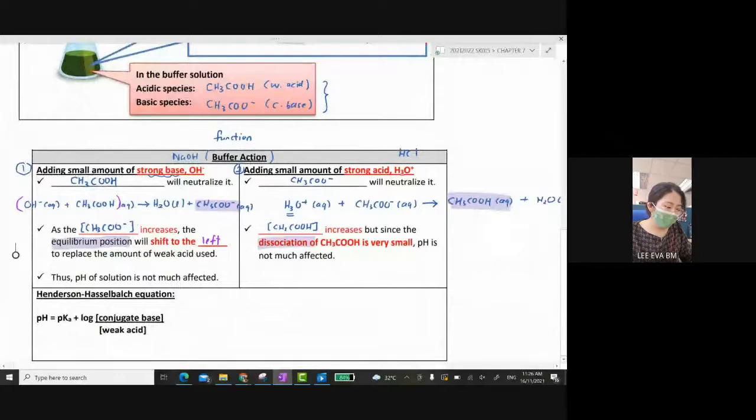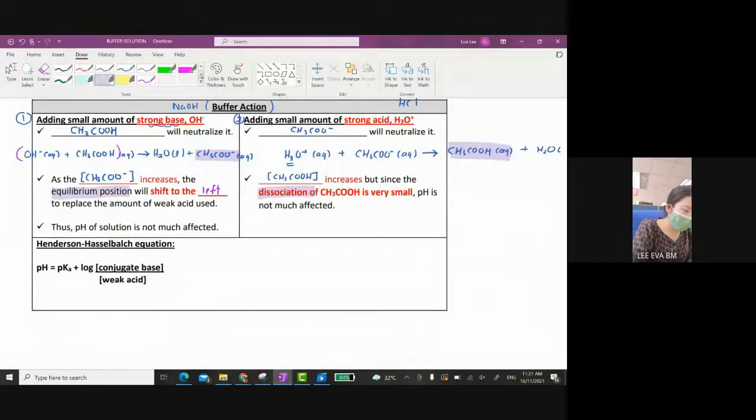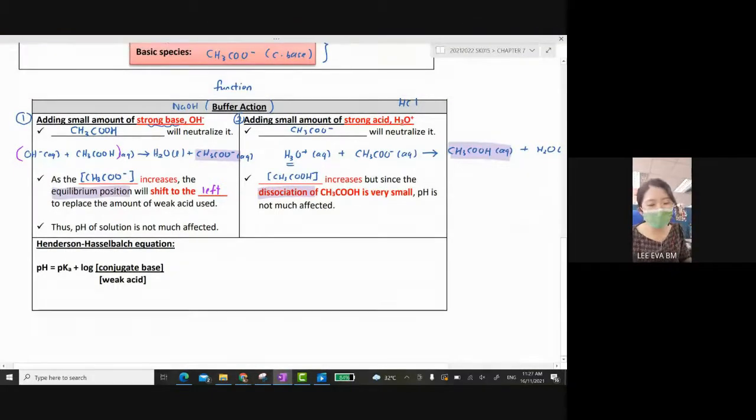Okay. Then we look at the last row over here, the Henderson-Hasselbalch equation. So this equation is very interesting. It is only for when you want to find the pH value for an acidic buffer solution. So madam ajar awak macam mana nak kenal.